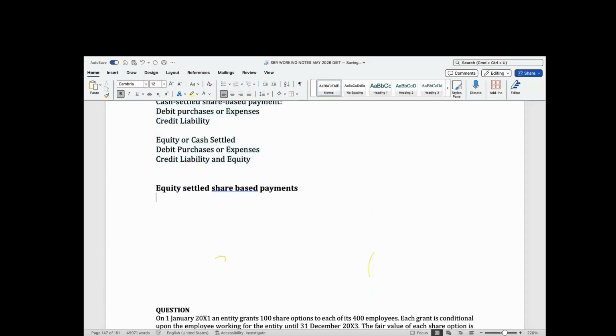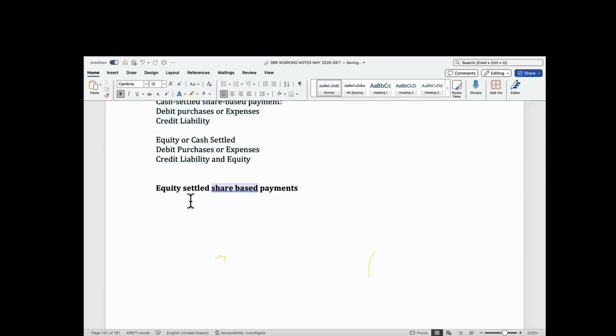So now the next thing is how much. It now depends on the types. Let me start with measurement of equity settled share-based payments. Ordinarily it should be straightforward, right? But this is the challenge. We have two items here.